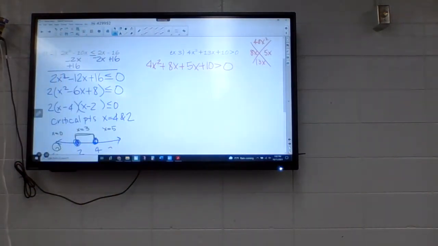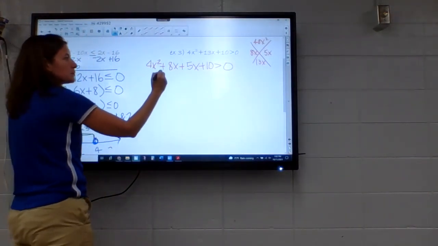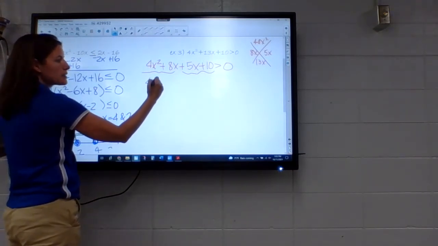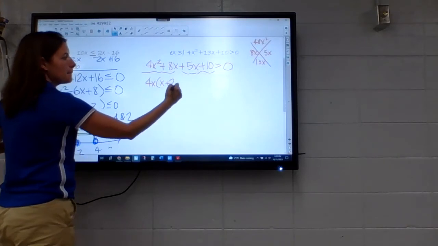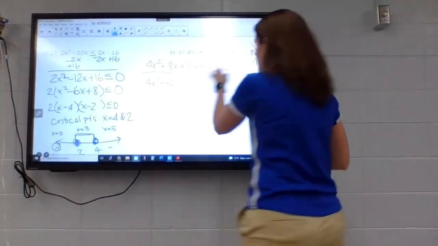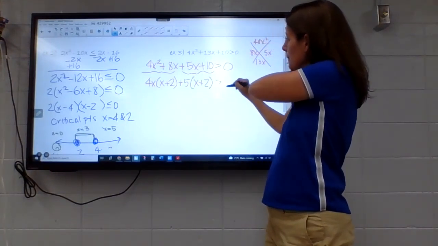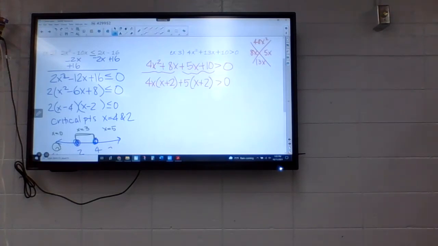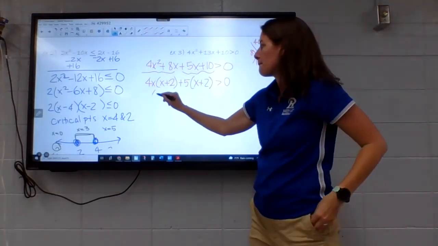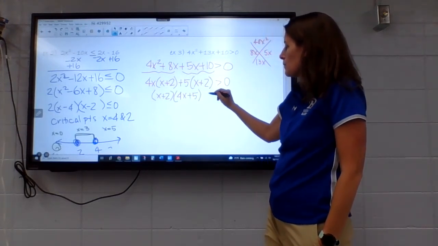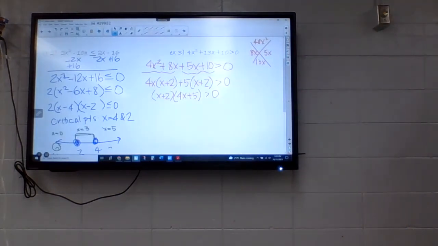Again, we're factoring this to find those critical points. So I can take out a 4x. I can take out a 5 here. My one critical point is a nice one, it's -2.